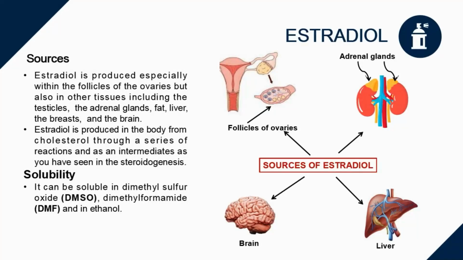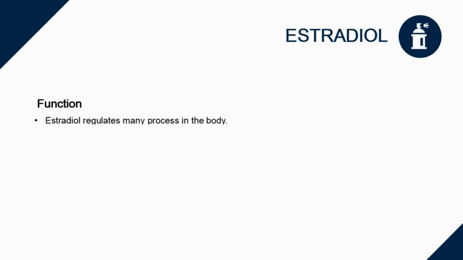Estradiol is produced in the body from cholesterol through a series of reactions with intermediates, as you have seen in steroidogenesis. It is soluble in dimethyl sulfoxide, that is DMSO, and dimethylformamide, abbreviated as DMF, and in ethanol.